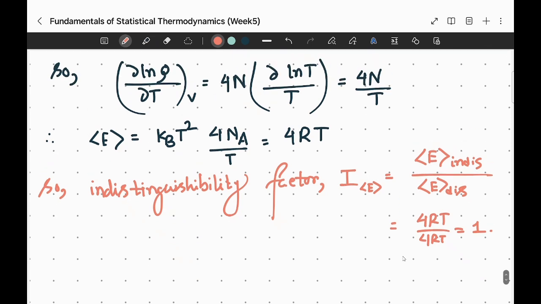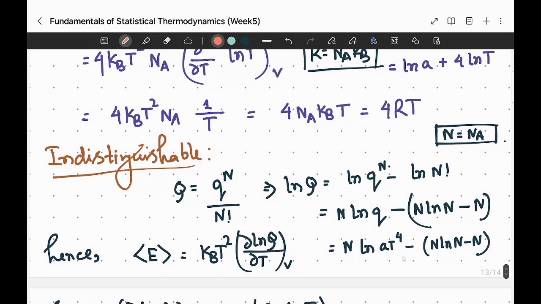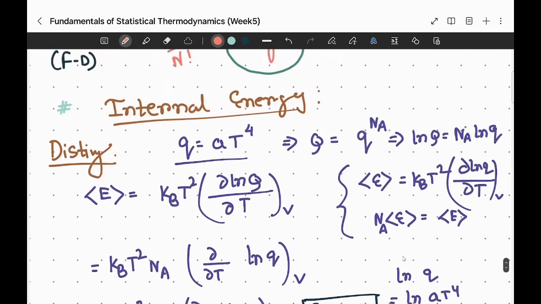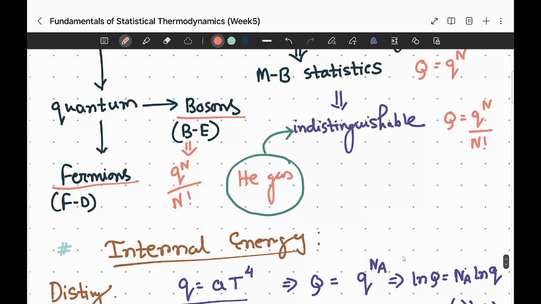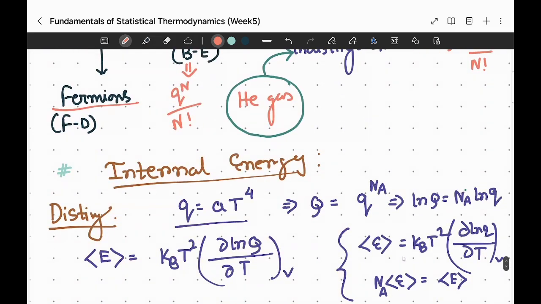But why is there no difference between distinguishable and indistinguishable? Why is there no difference? This is due to the expression of our small q. You look at the small q only depends on temperature.